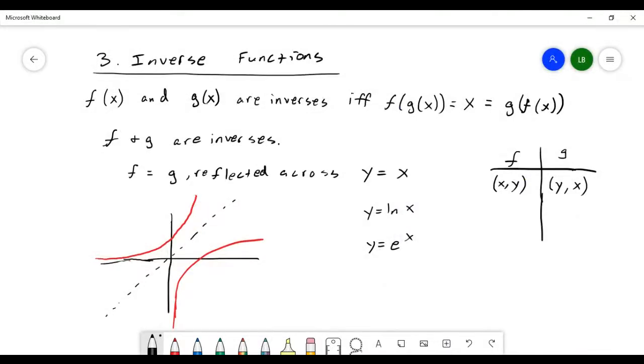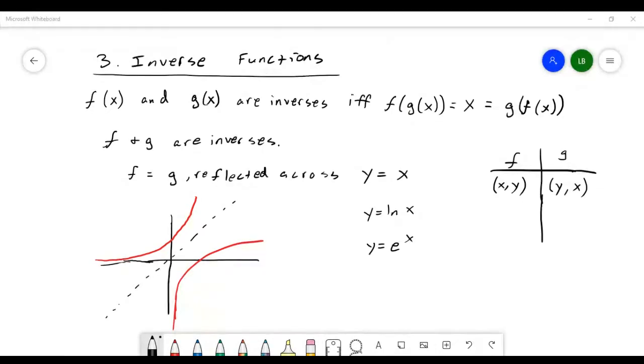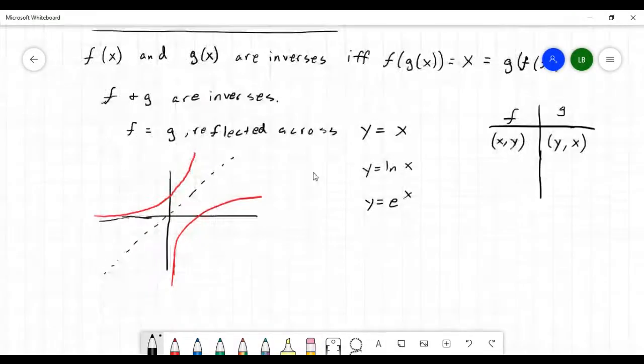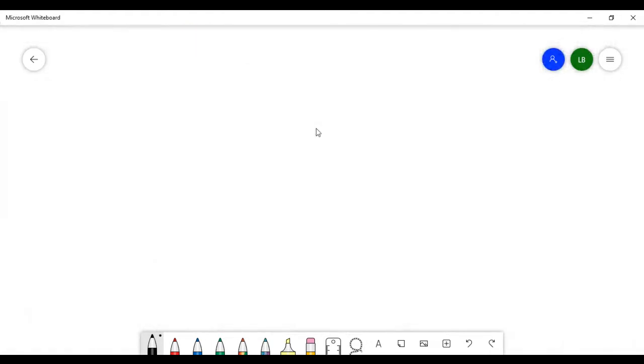I guess now we'll talk a little bit about when a function can have an inverse, because not all functions have inverses. A function has an inverse if and only if it is 1-to-1.